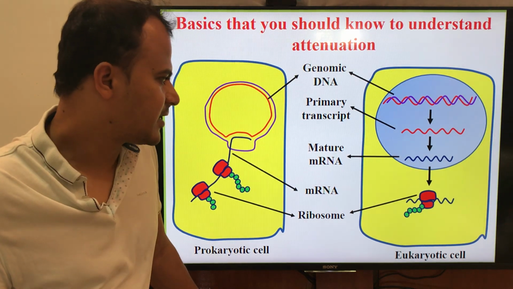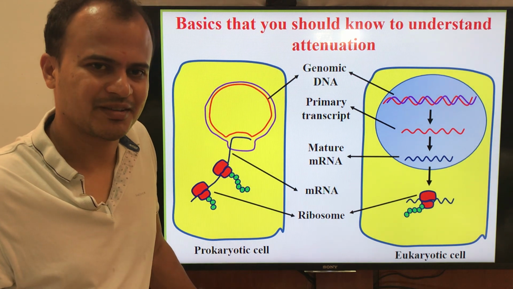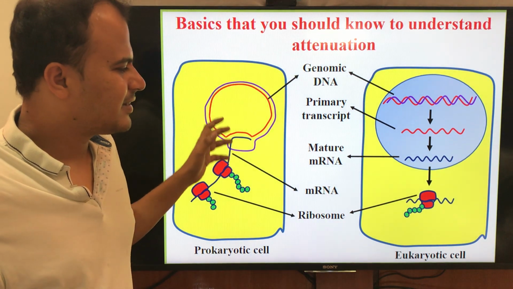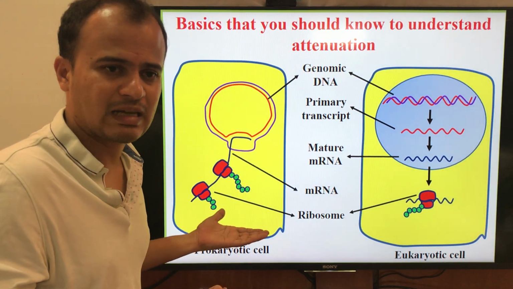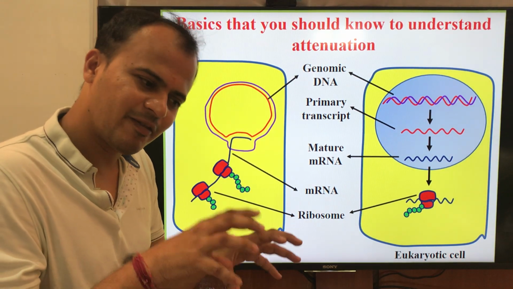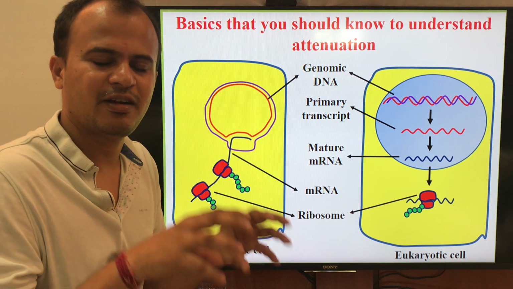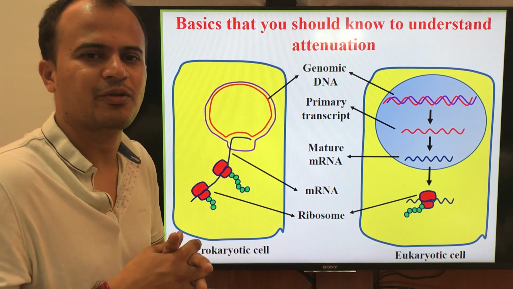The other basic that you should also know is, and in most of my presentations I insist on this point, how exactly transcription and translation are different in eukaryotes and prokaryotes.